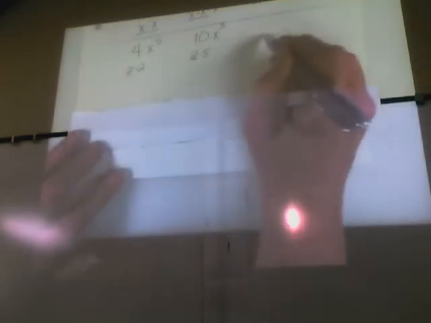What's the greatest common factor of these? Just 2, right? So that's part of your greatest common factor. And x to the 5th and x to the 3rd power, they have 3 in common, right? So x to the 3rd power would be the x part of it.